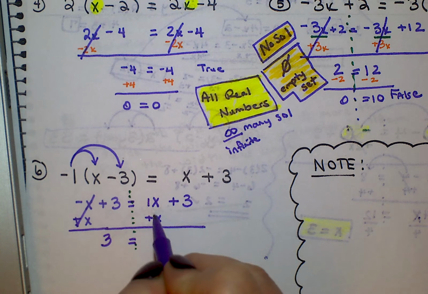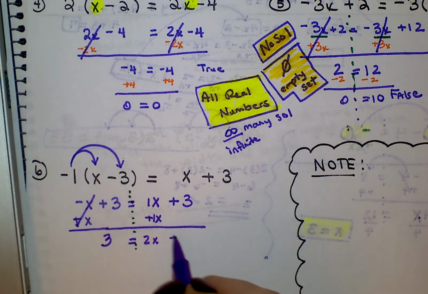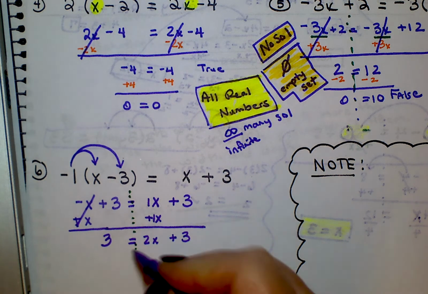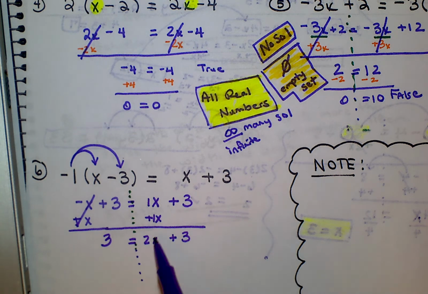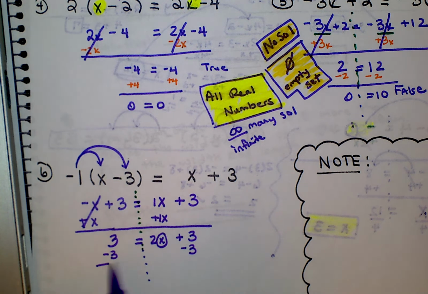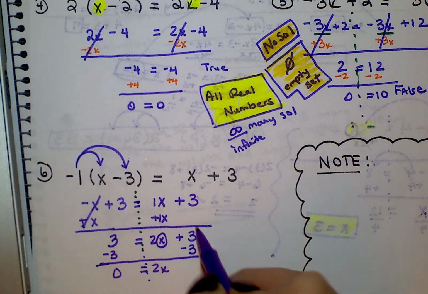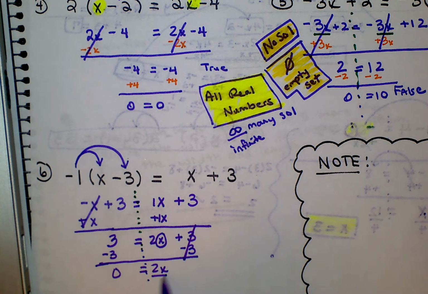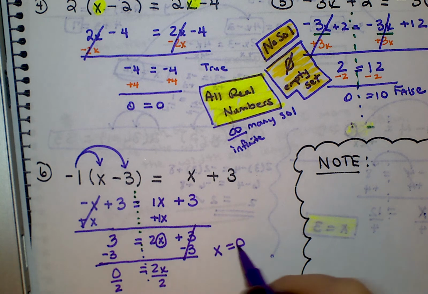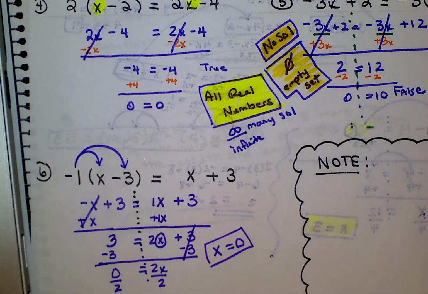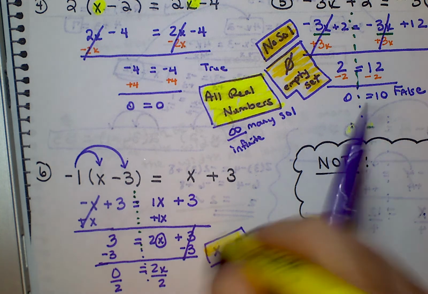One x plus 1x is 2x. Okay, remember my goal is to try to find something for x that would make this work. So I'm going to subtract my 3. 3 minus 3 is 0. Divide by 2. So this time I'm finding the number that would give me a balance would be when x is equal to 0.